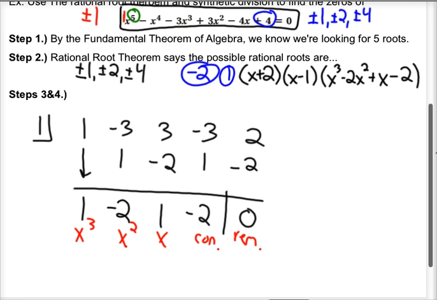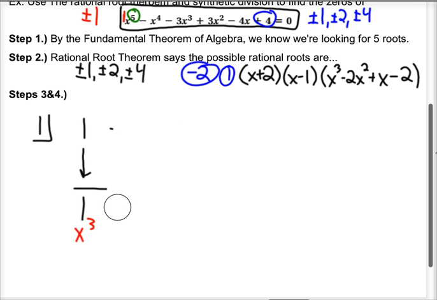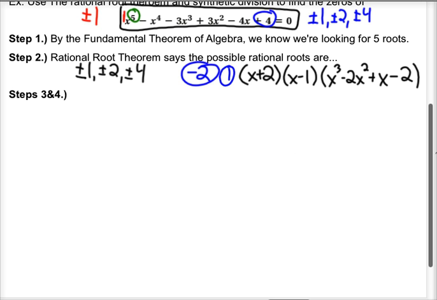Now we're going to go back and check for our next root to continue breaking this down, because our goal is to break this all the way down until we have all of our roots. If I look at my calculator, I see another root at positive 2. So I'm going to do positive 2 now.